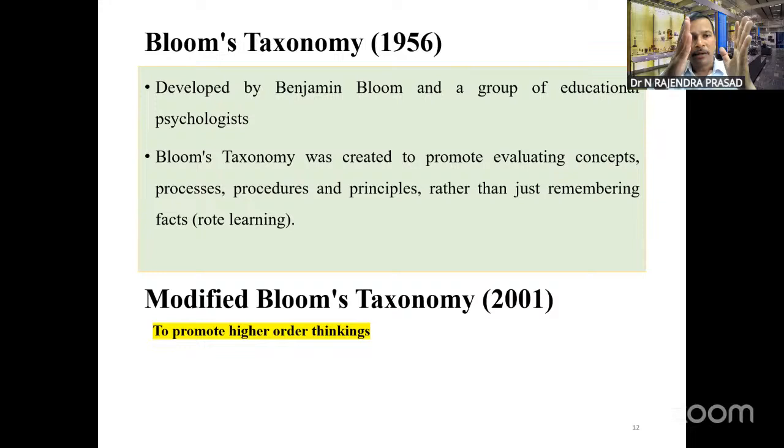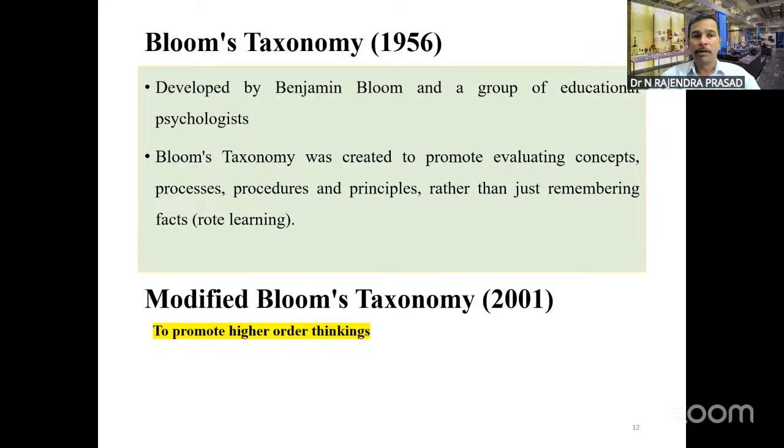Along with all these things, in order to assess the learning levels of the learners, we have to systematically follow certain guidelines, certain regulations. And one of them is Bloom's taxonomy.